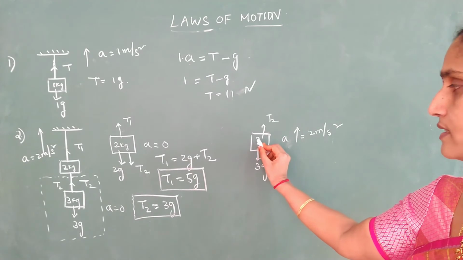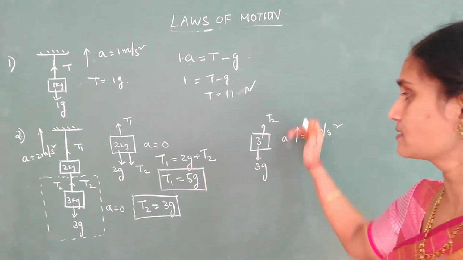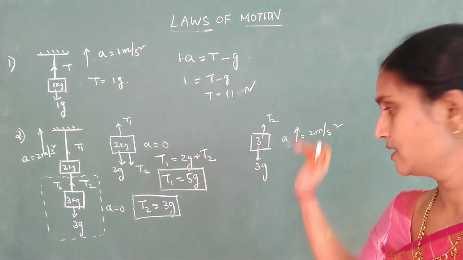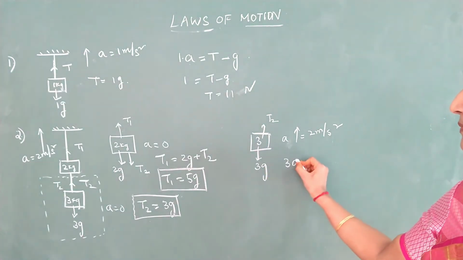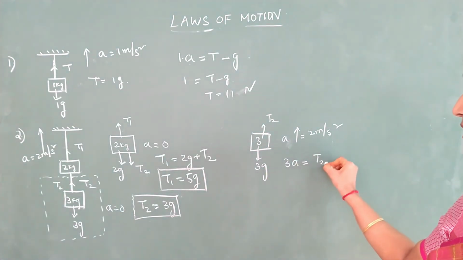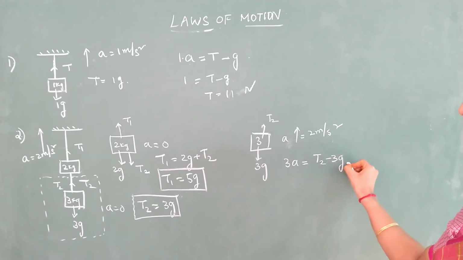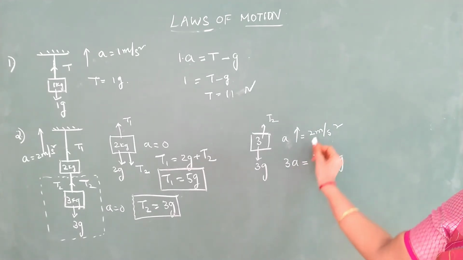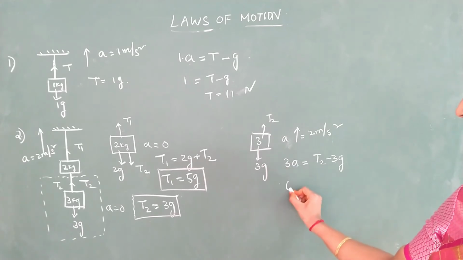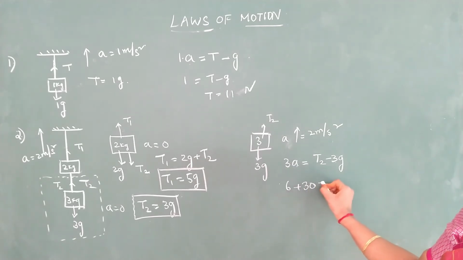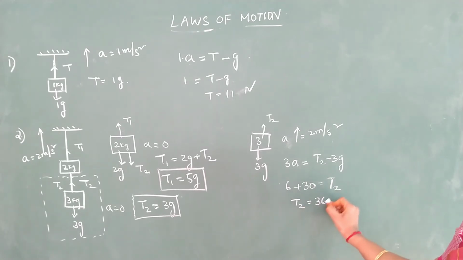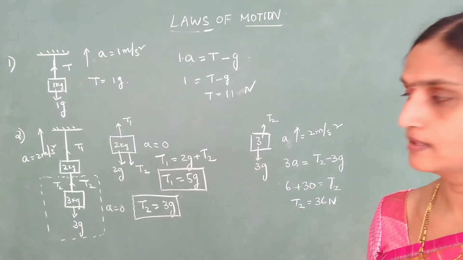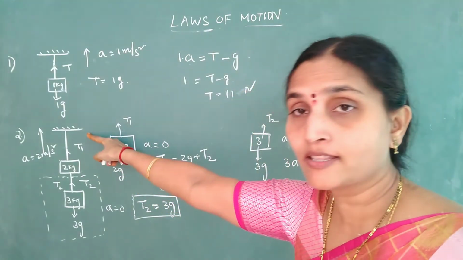Write the equation 3 into A. Since the system is moving up, T2 is applied force, 3G is the opposing force. 3 into A should be T2 minus 3G. If I take G as 10 and A as 2, 3 2s, 6 plus 30. What is tension in the lower string? It is 36 Newton.